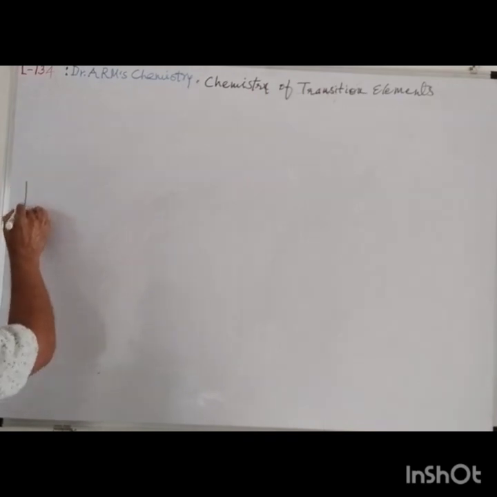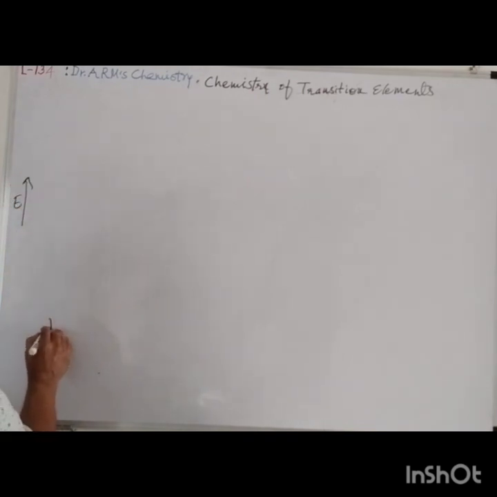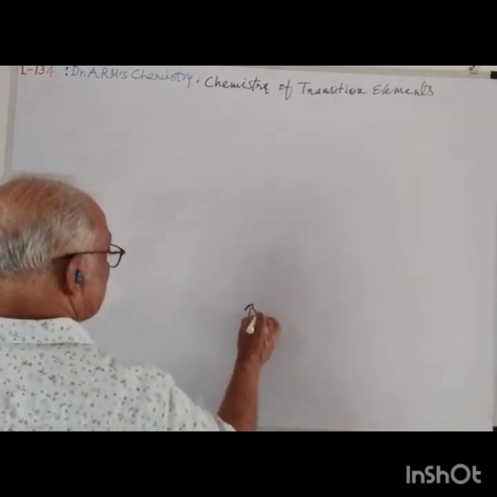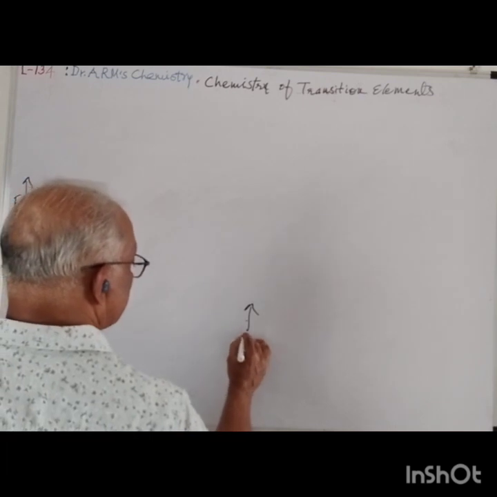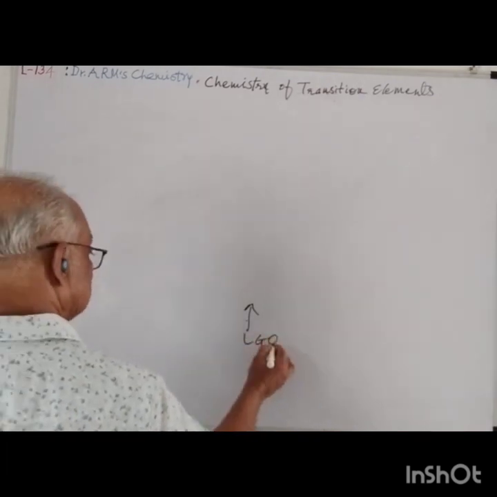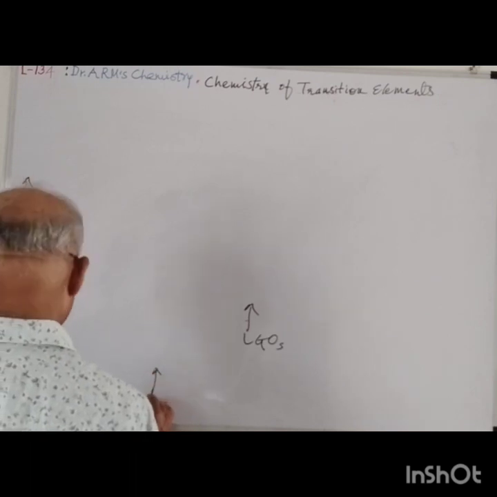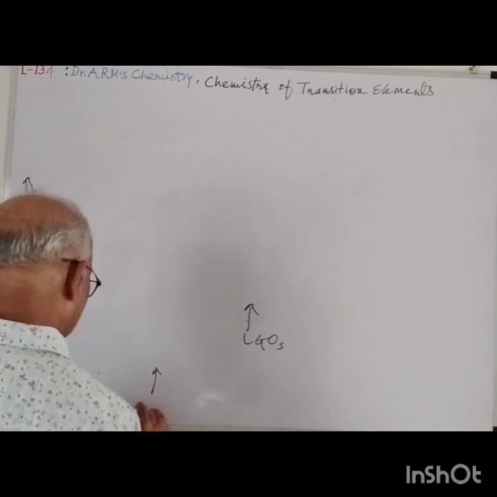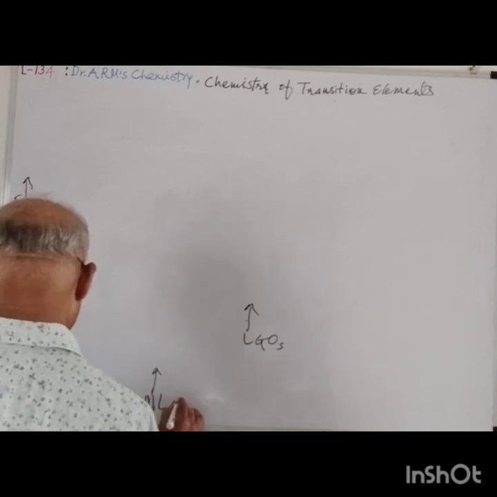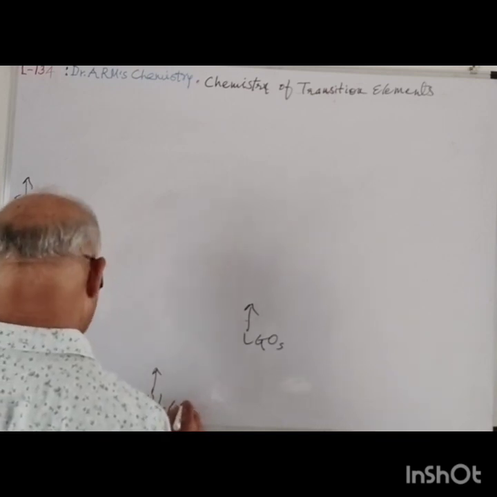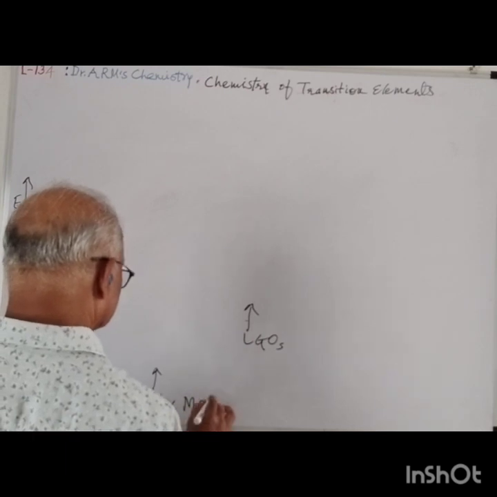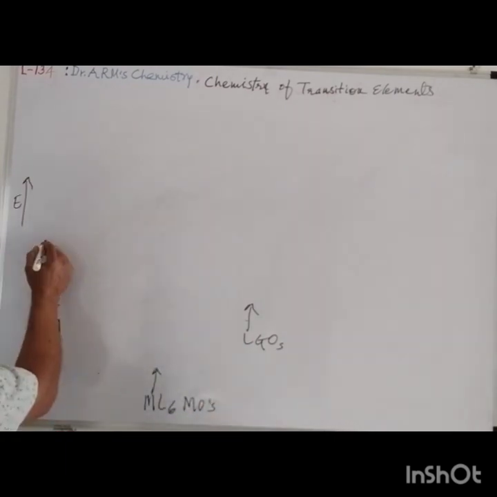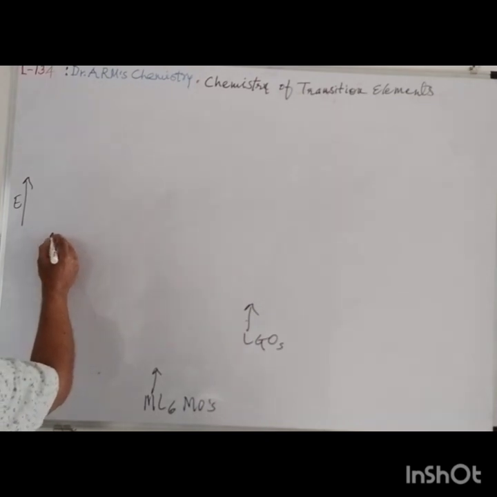This is the energy axis, and here we show the metal orbitals and the ligand group orbitals, and in between the ML6 octahedral complex MOs. The five d orbitals are represented like this.